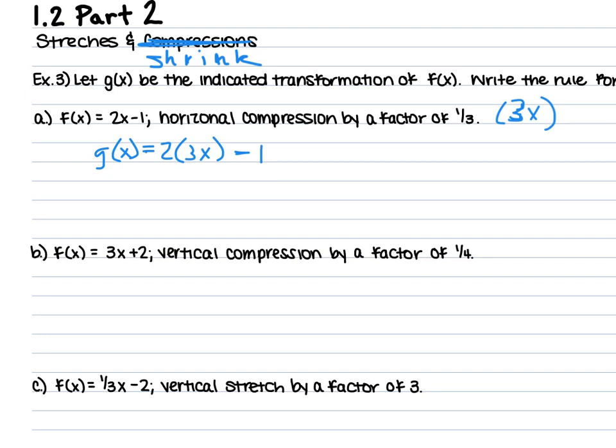And we could leave it like this, or we could multiply the 2 times 3x. So it would be 6x minus 1.